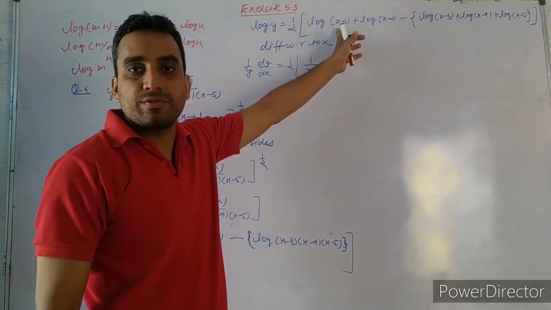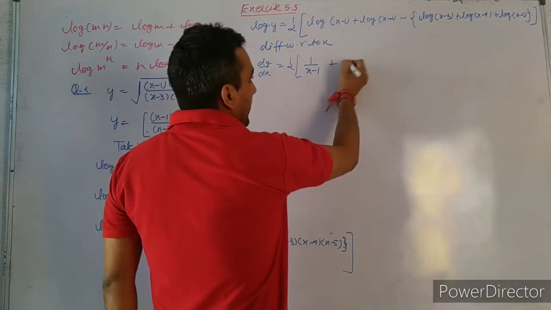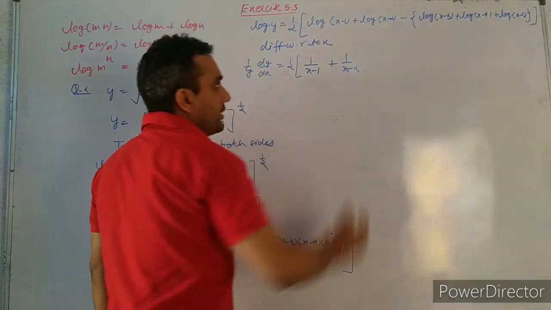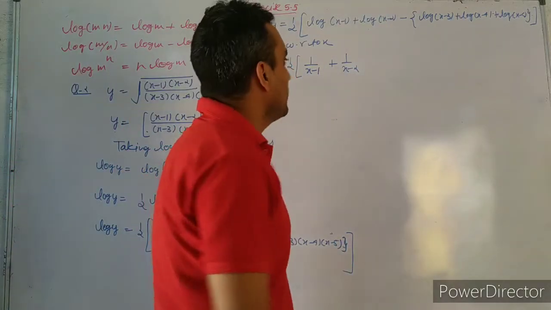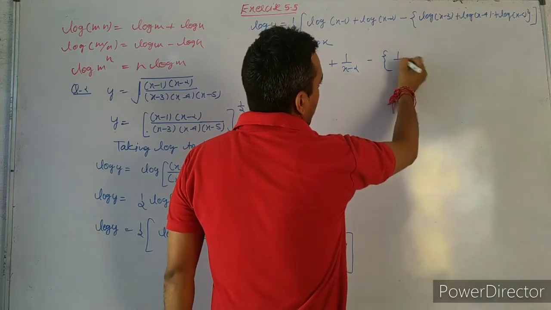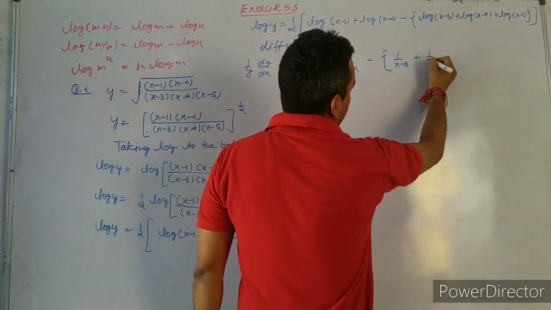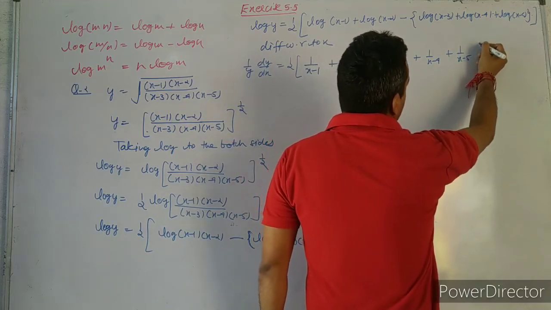Again the differential of x minus 1 will be 1, so no need to write it. The differential of log (x minus 2) will give me 1 upon x minus 2, and the differential of x minus 2 will give me 1, so no need to write that. Medium bracket: 1 upon x minus 3 plus 1 upon x minus 4 plus 1 upon x minus 5.